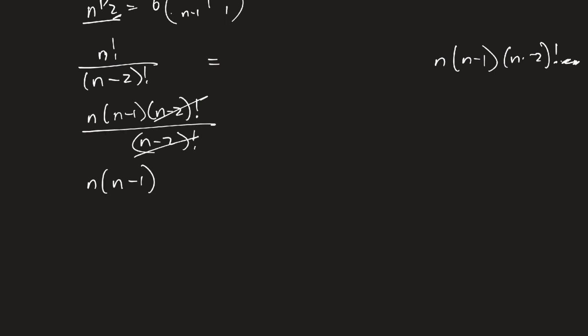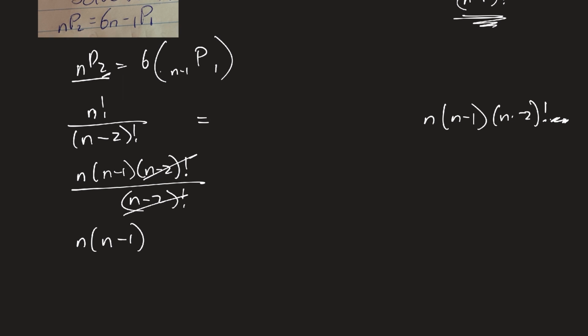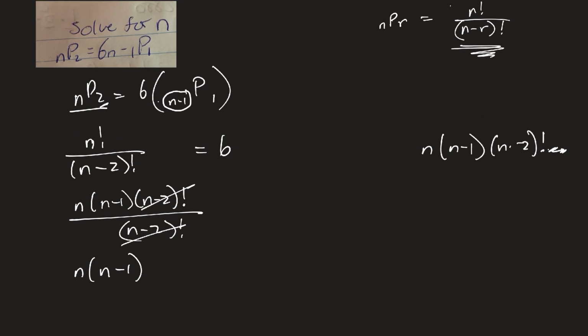Now on the right, I'll do a similar kind of thing. So I have 6 times, okay, n minus 1 factorial all over, the n is n minus 1, minus r is 1, factorial.